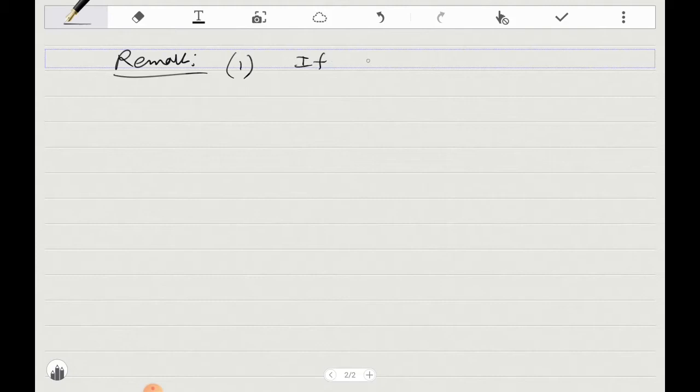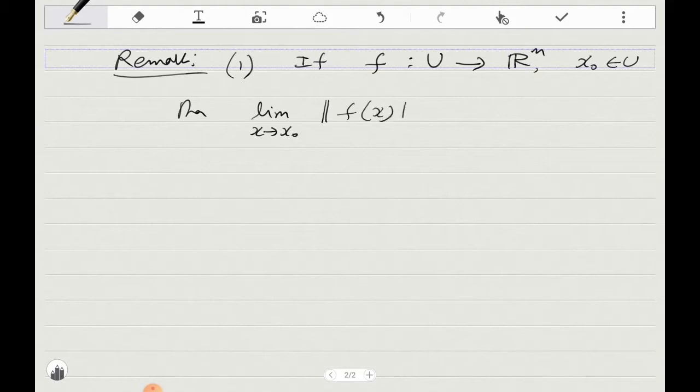If f is any function from an open set, as usual, U to Rm, x naught in U, then the limit as x goes to x naught of the norm of f of x is the same as the norm of the limit of f of x as x goes to x naught.